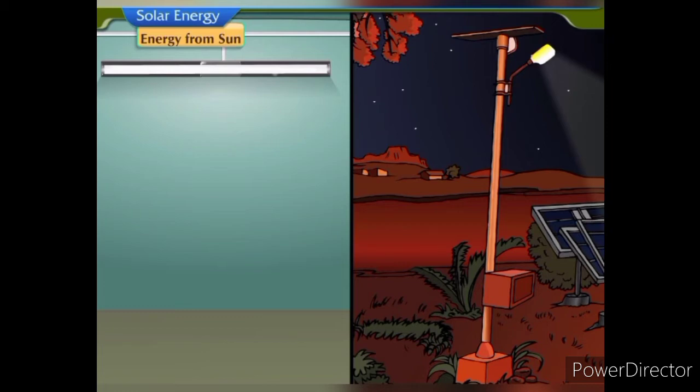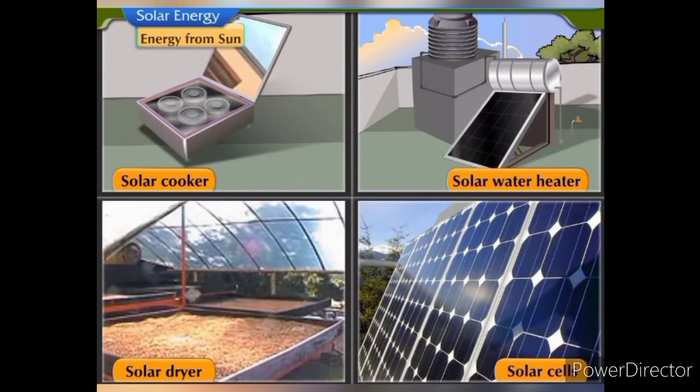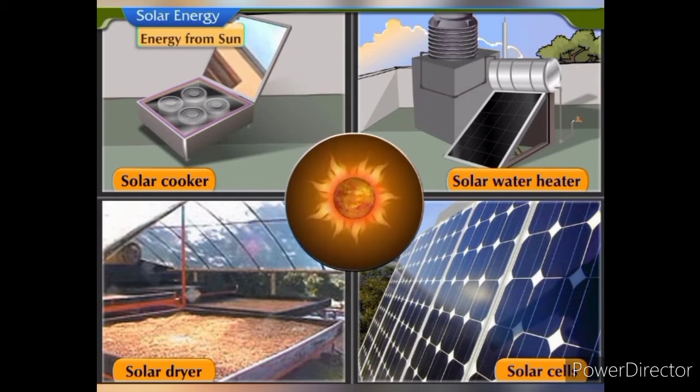Can you mention some devices which work with solar energy? Solar cooker, solar water heater, solar dryer, solar cells are some devices which work with solar energy. These devices are called solar energy devices.